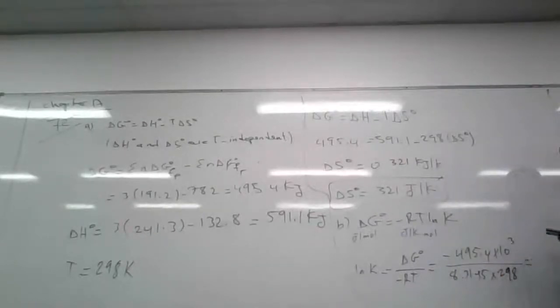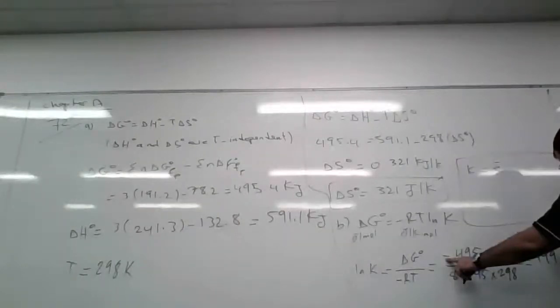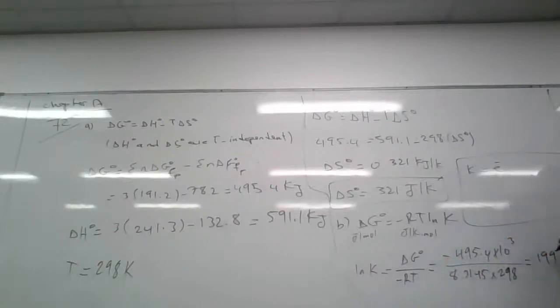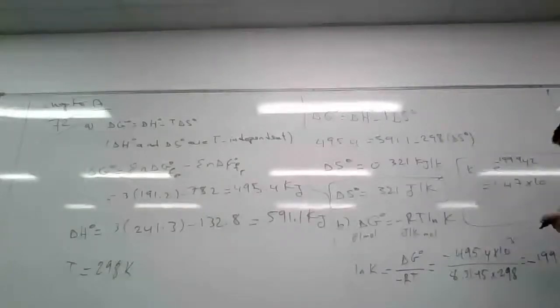You will get what? 199.942, for example. This is for ln K. If you have ln K, no, there's a mistake in here. 87.